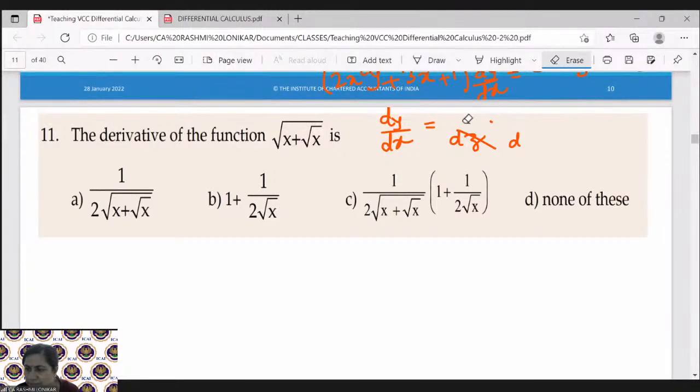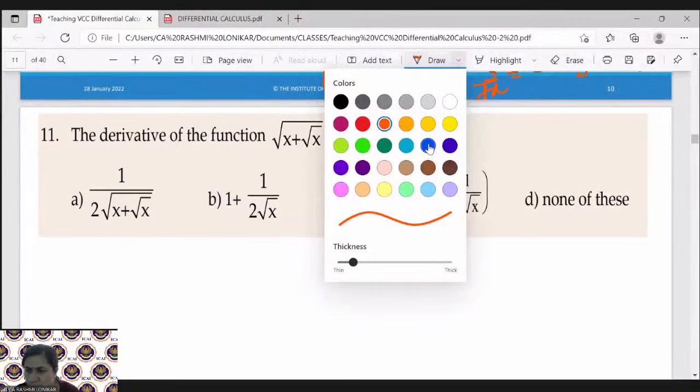So now let us take the next sum. So here, directly they have not written y is equal to, but you can take it as y is equal to, so that it becomes easy for you to do.